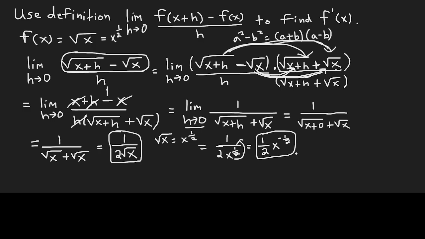It'll make a lot more sense once you learn the power rule. For now, this is just using the definition, and I hope this was helpful. It just takes practice.